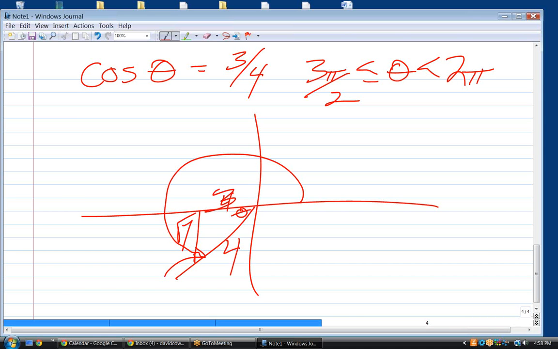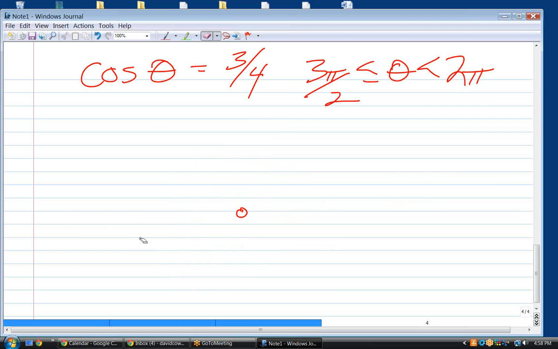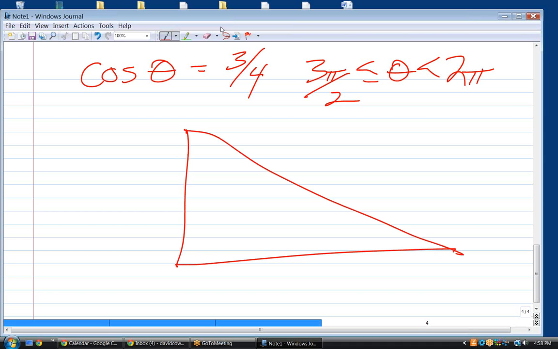But to me, that adds an unnecessary step of complicatedness to it by going to the unit circle and finding the exact quadrant. It's so easy to do it if you just always make that your first step.